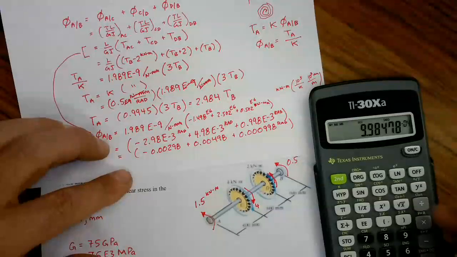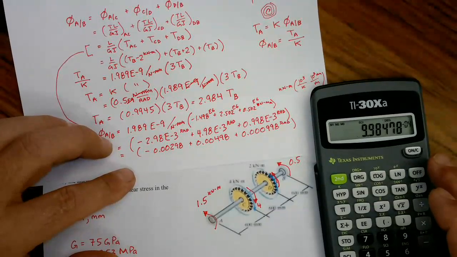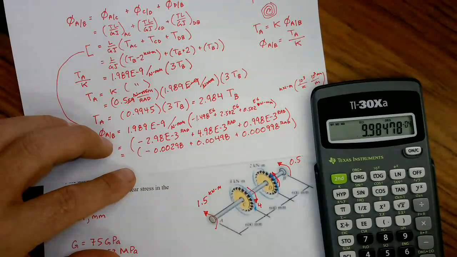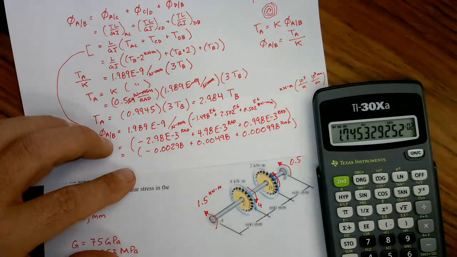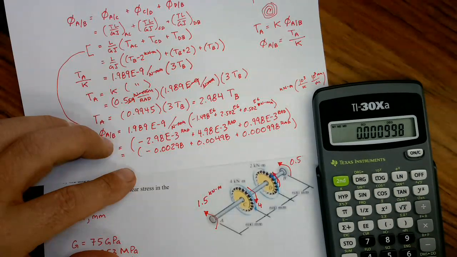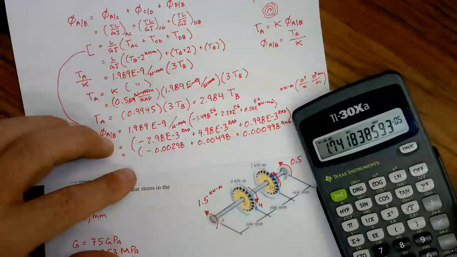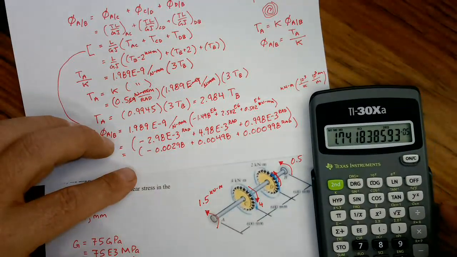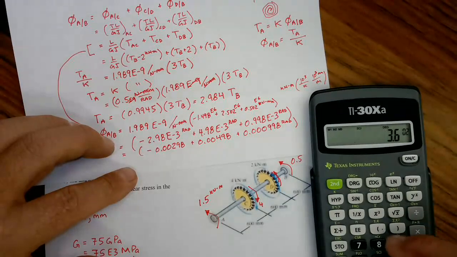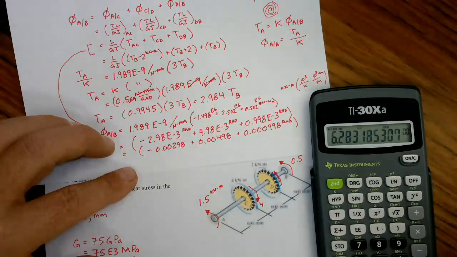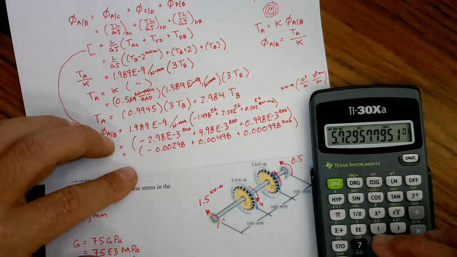So we want to go through and do that. 360 degrees divided by 2 times pi equals, and let's store that, that's the 57 degrees per 1 radian.